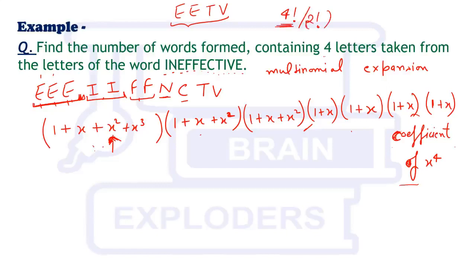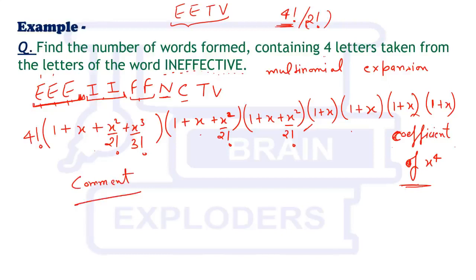So here also we will multiply by 4 factorial, and depending upon which letter is going to repeat, we will divide by the respective factorial. Now if in this term we find the coefficient of x raised to the power 4, then we will obtain the corresponding answer. So tell me in the comments what coefficient of x raised to the power 4 you obtain from here.